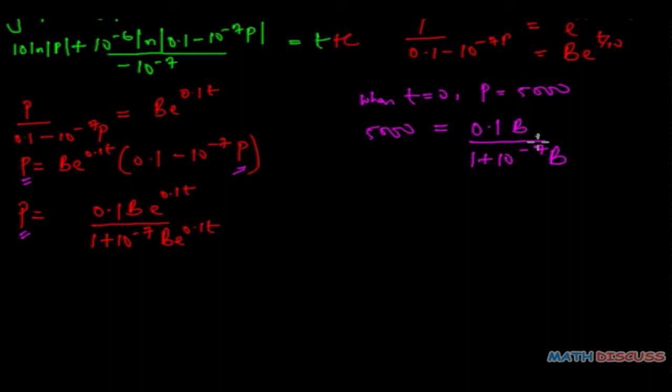Our aim is to make b the subject, so we cross multiply: 5,000 times (1 plus 10 to the power negative 7 b) equals 0.1 b. Simplifying further, b is equal to 5025.1.